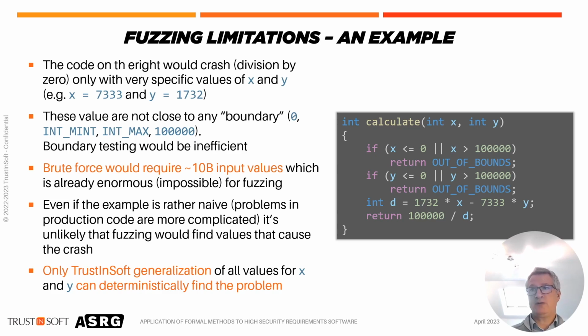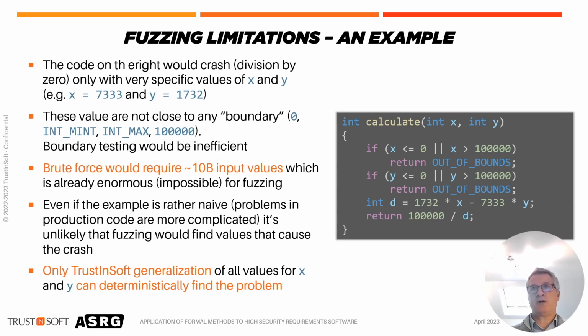Typically, when you test in a good way, you immediately try values at or near the boundaries. So you may want to try -1, 0, +1, and also 99,999, 100,000, 100,001, to make sure that around those boundaries you don't have values that can cause a problem.